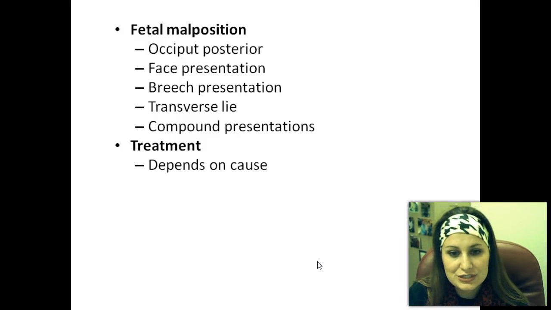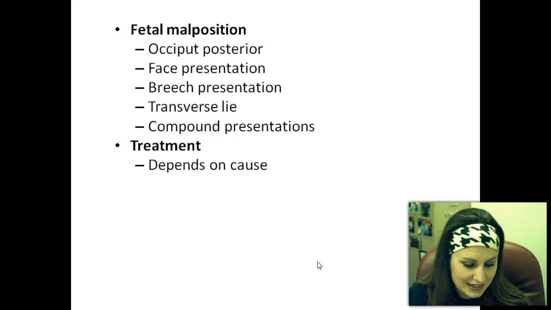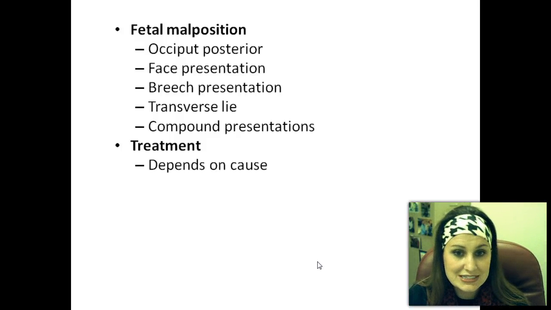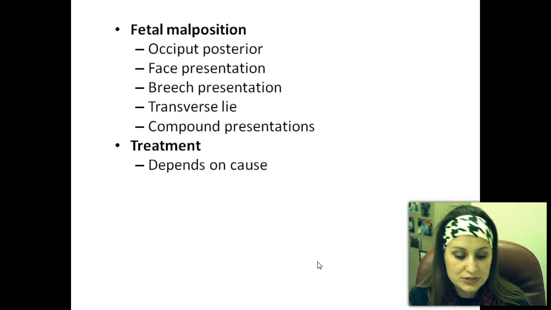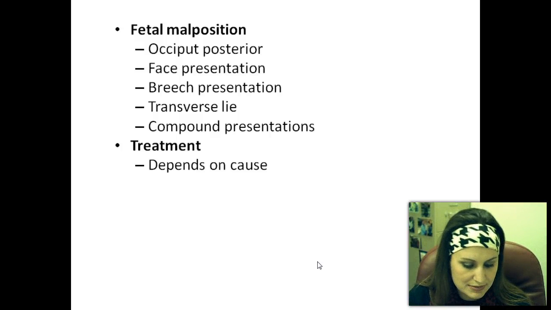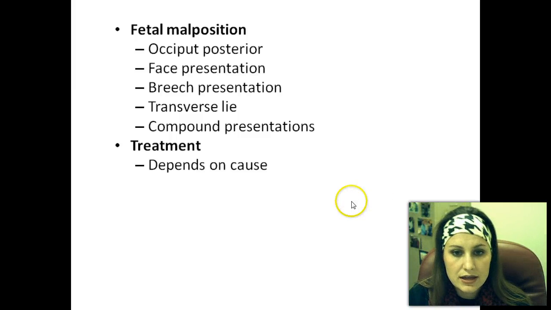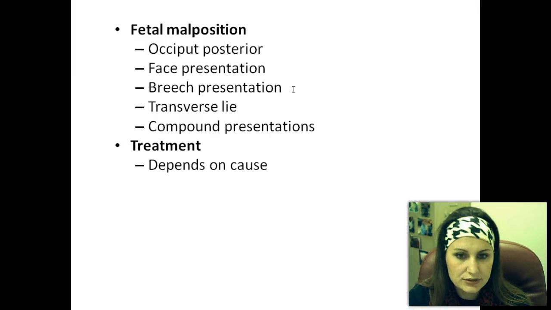There are complications with that, but typically what we want to see is that occiput anterior. Occiput posterior, we're hoping that maybe we can change the baby's position by using different positioning on the mom, and sometimes that can take place. A lot of times with breech babies, about 3% of pregnancies will actually have a breech presentation.